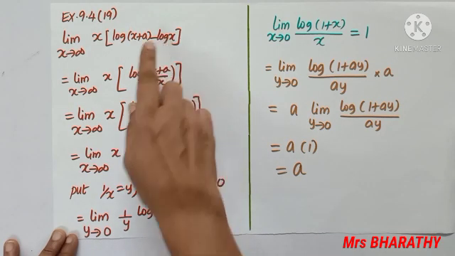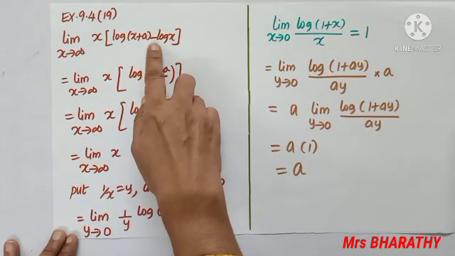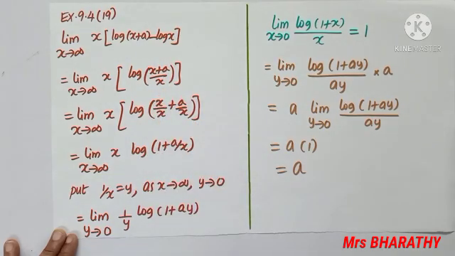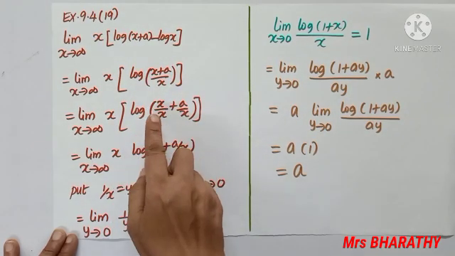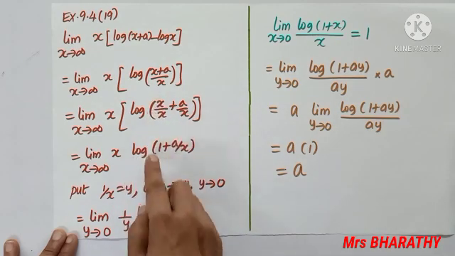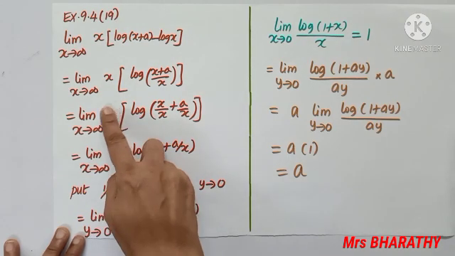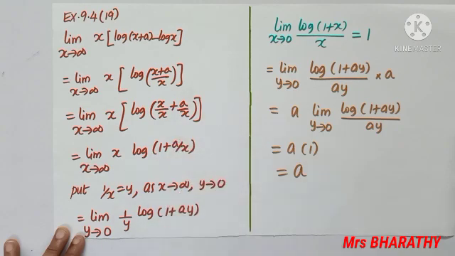As I simplify this, in log I have minus symbol. Minus symbol tells me to divide. Let me split x by x plus a by x. X by x is becoming 1 plus a by x. Now, this x in the numerator, let me bring down as 1 by x.